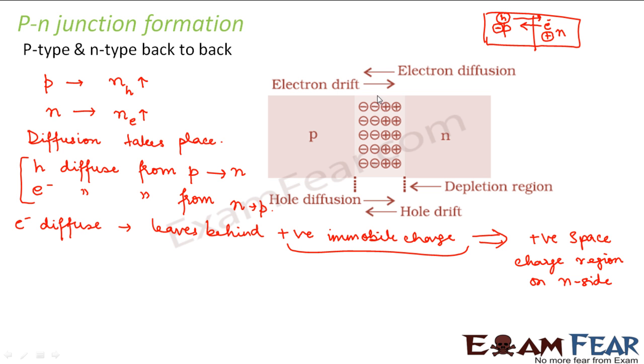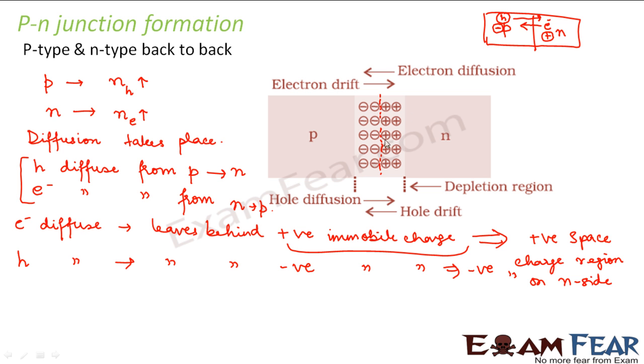Let us suppose this was the separation between the P and N type regions. As the electrons moved from the N region, the positive charges were left behind in the N region. So these positive charges on the N side are known as the positive space charge region on the N side. Similarly, as holes diffuse, they leave behind negative immobile charge, and these give rise to a negative space charge region on the P side.